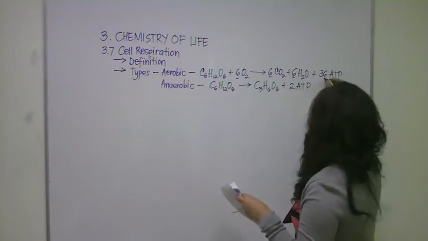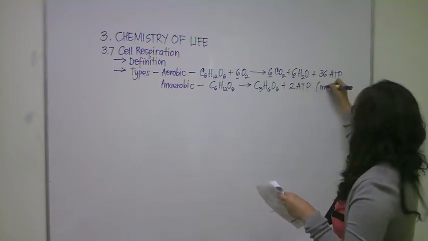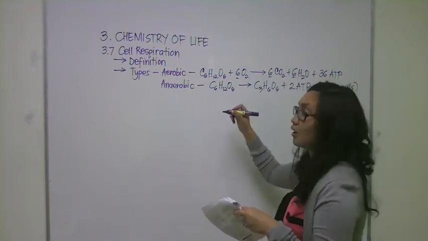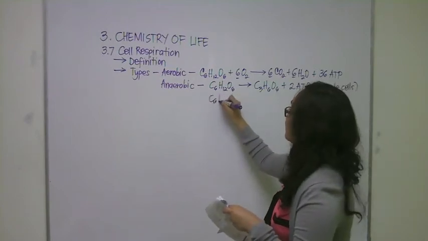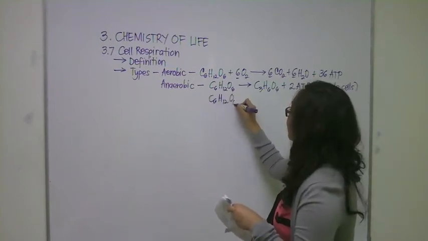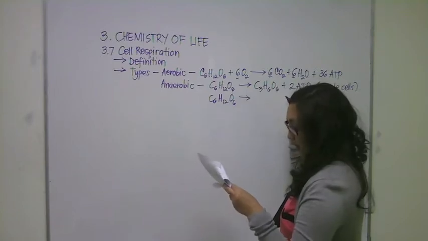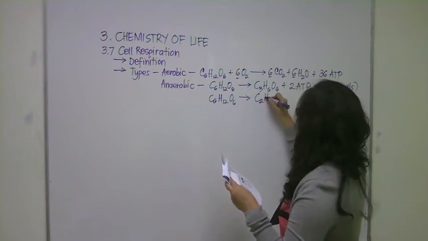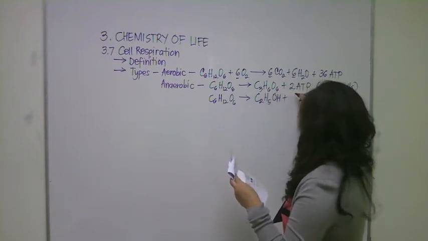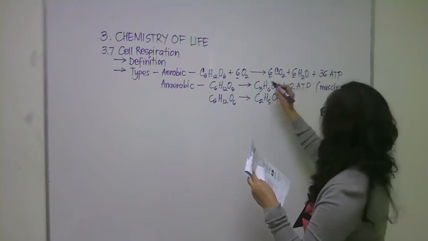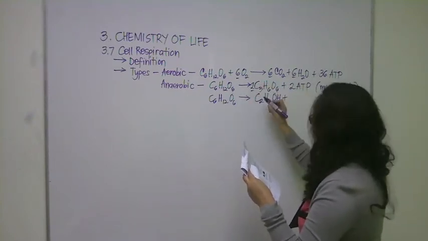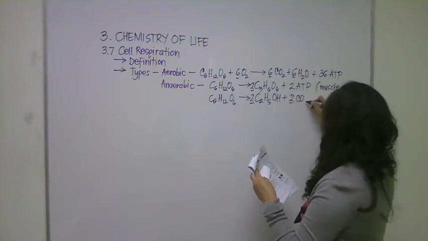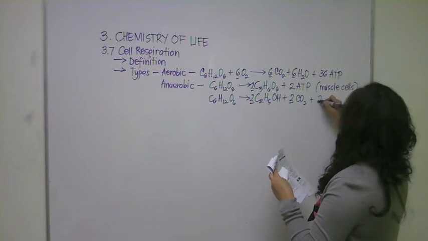This is occurring in muscle cells. If it occurs in yeast cells, the products are different. This time the products are alcohol, 2 molecules of carbon dioxide, and 2 ATPs.